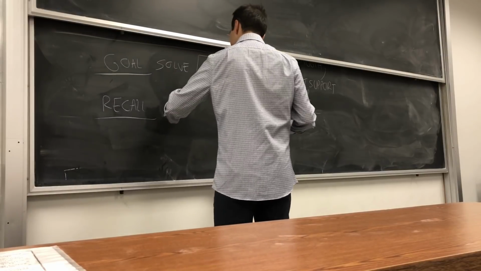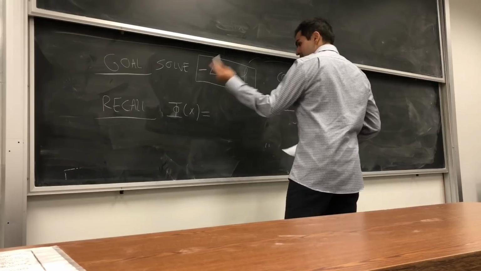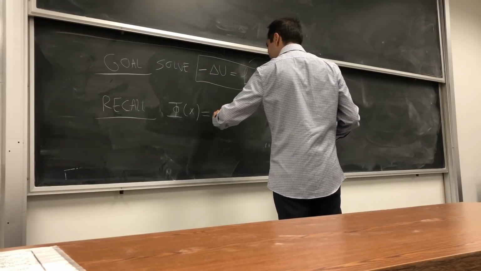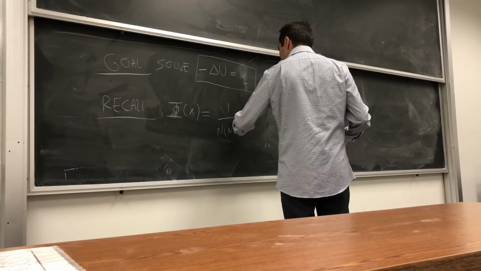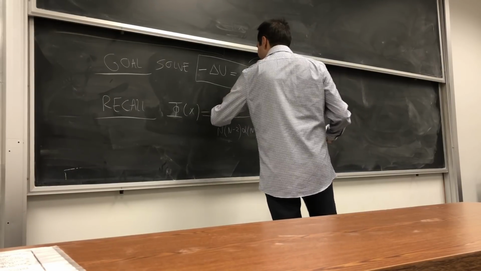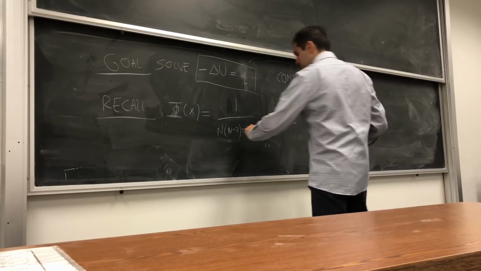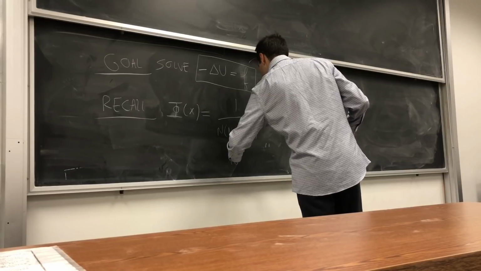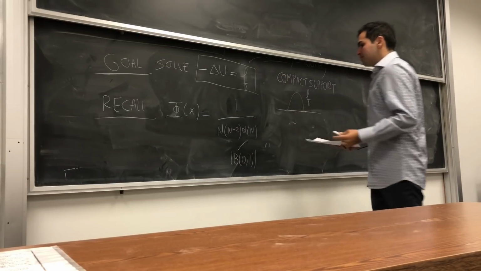Well, phi of x, the fundamental solution, solves Laplace's equation, and it's given by 1 over n times (n minus 2) alpha n, where alpha n is just the volume of the ball in R^n. So it's the volume of B(0,1) in R^n.